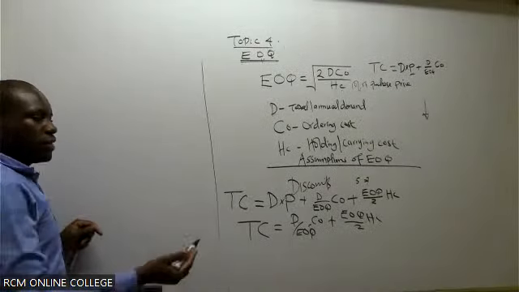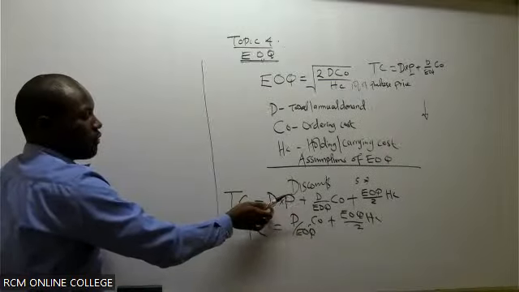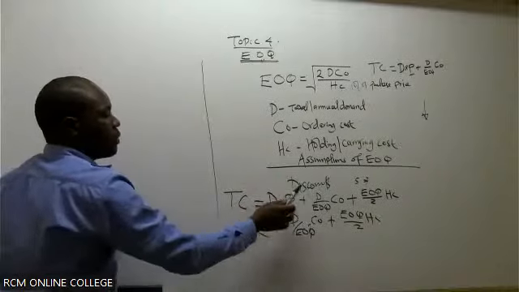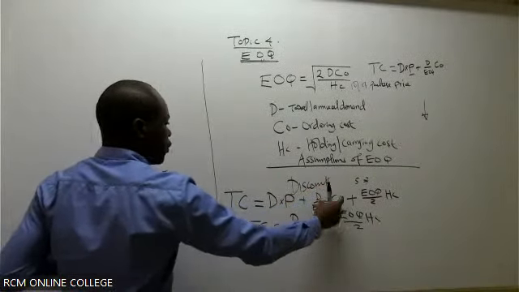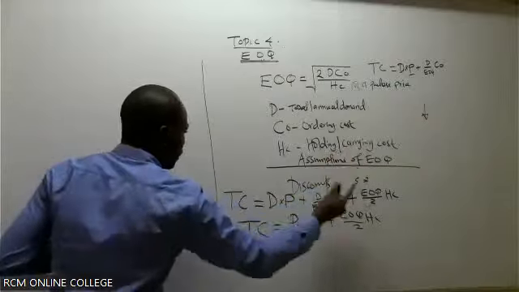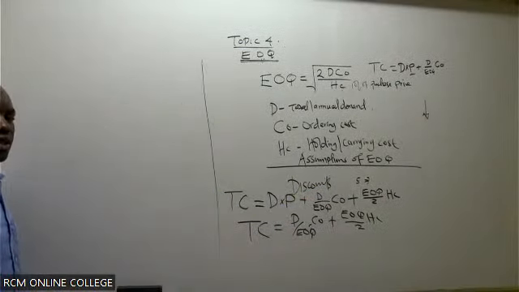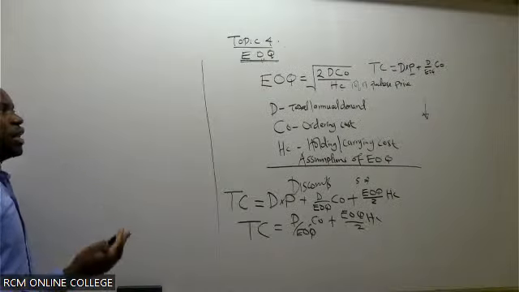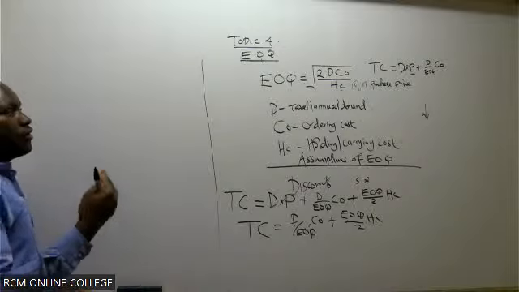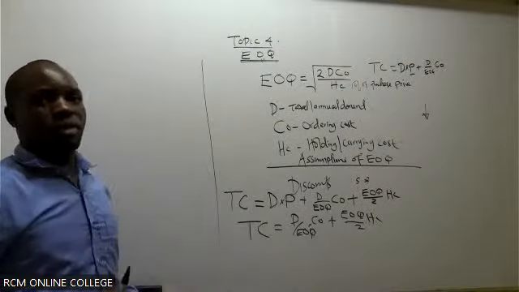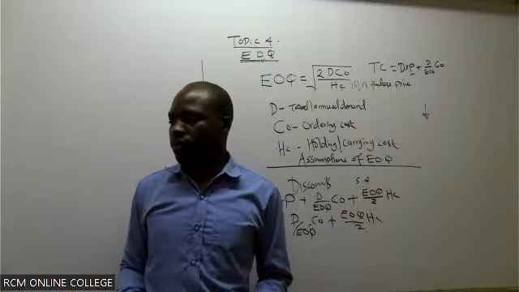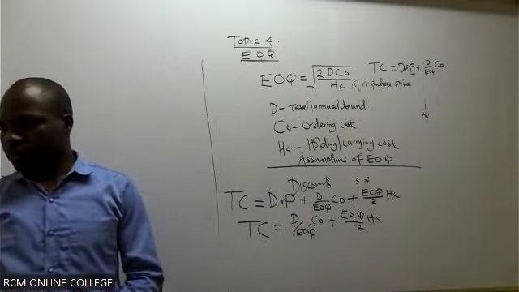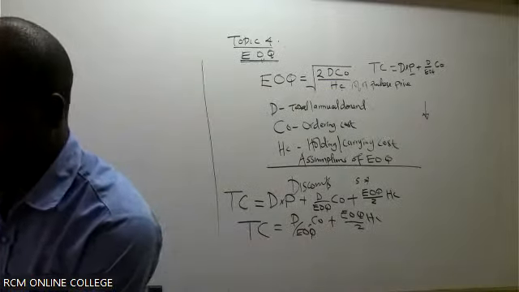In some cases you find they know this one here is constant, and therefore your total cost will not be affected by it, but will be affected by total ordering cost and total holding cost. So that is what we need to understand as we look at an illustration for this particular concept. So are we together up to that point before we do our question?